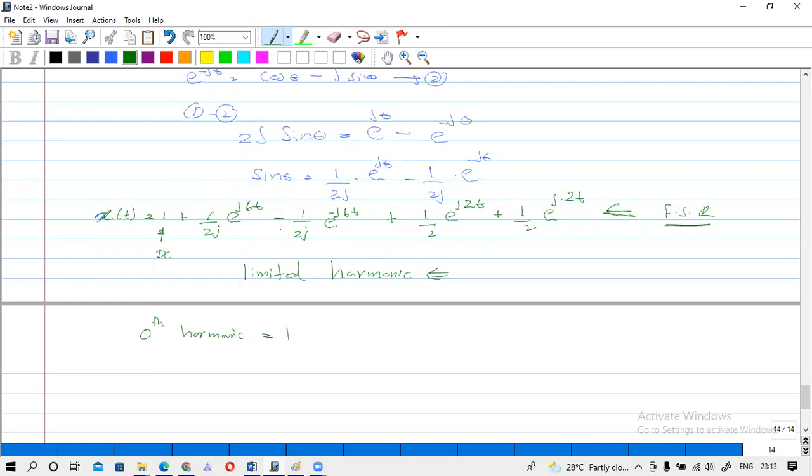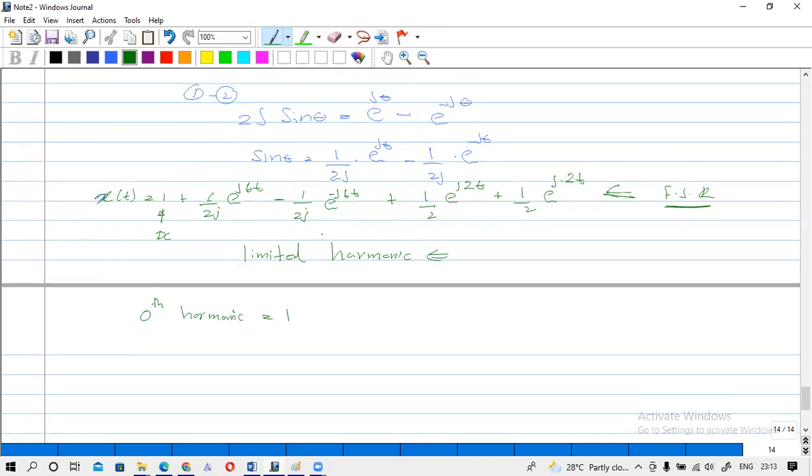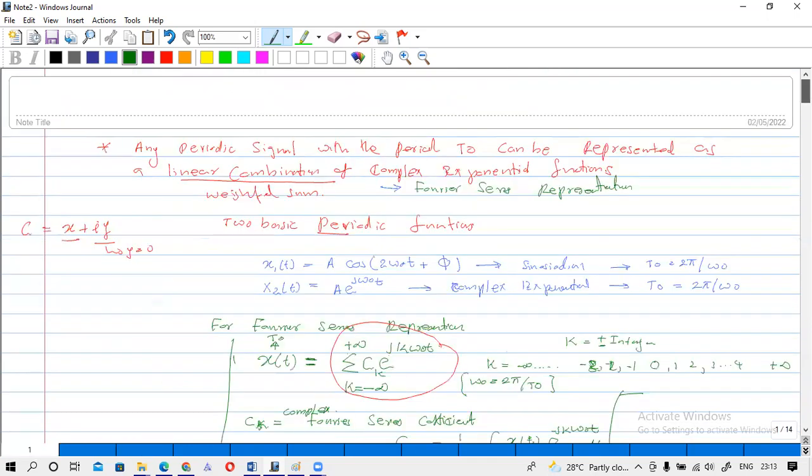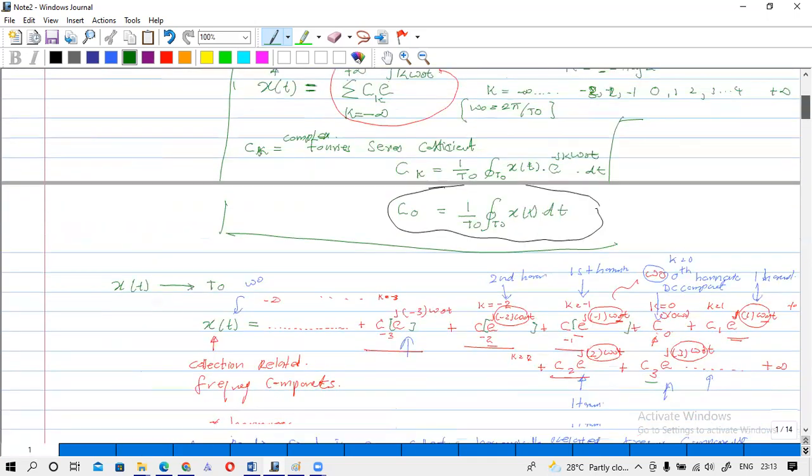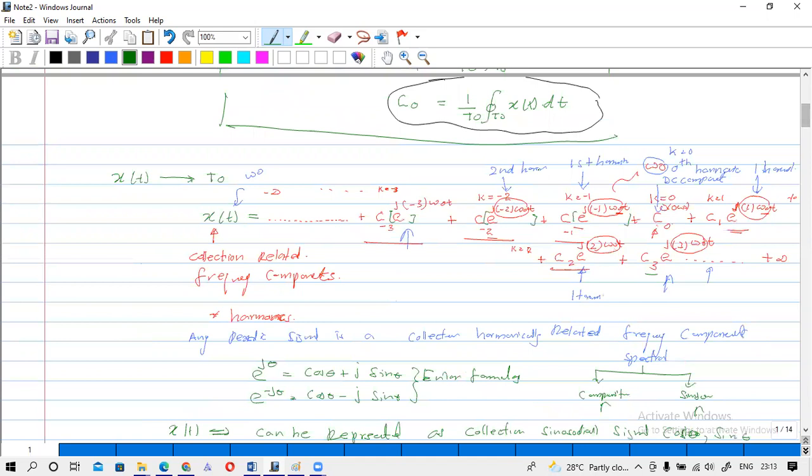In our previous example, we have the zeroth harmonic, and we have the first harmonic, where the frequency is omega naught, the second harmonic, where the frequency is 2 omega naught, and the third harmonic, where the frequency is 3 omega naught.